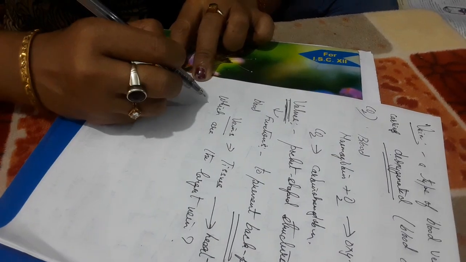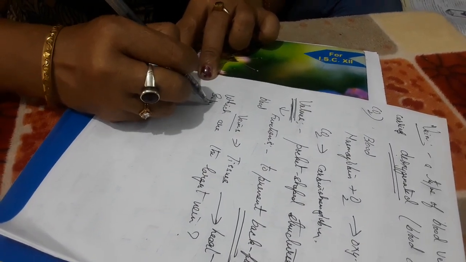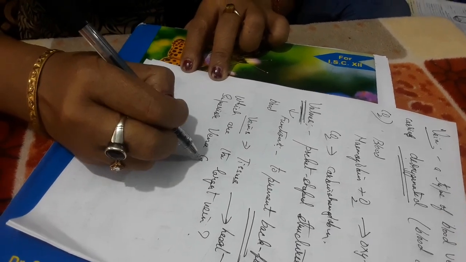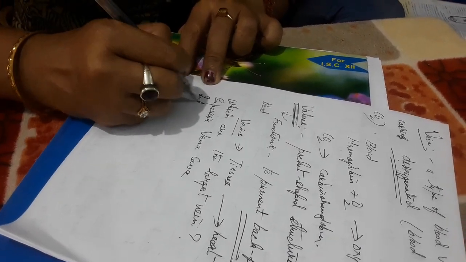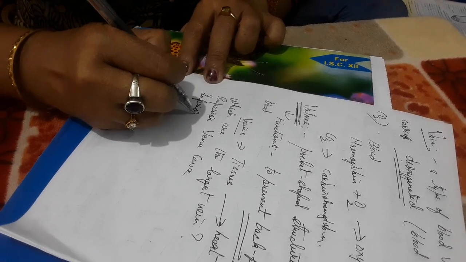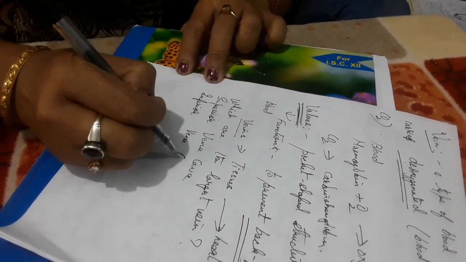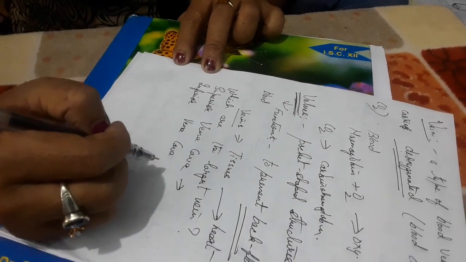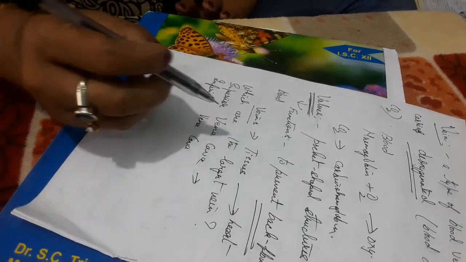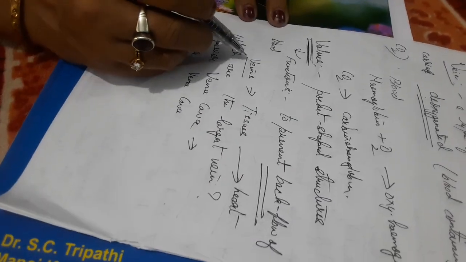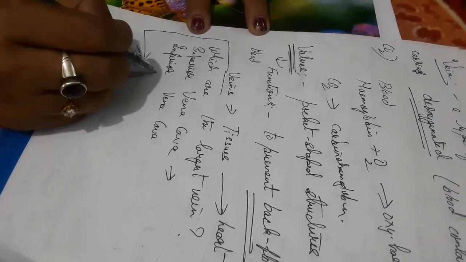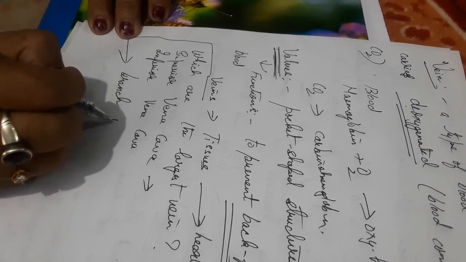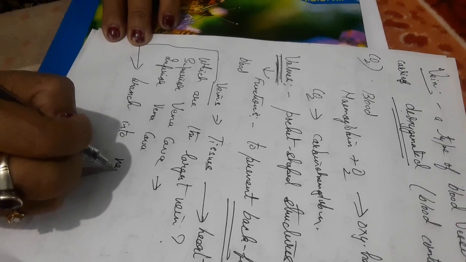They are called superior vena cava and inferior vena cava, also known as anterior vein and posterior vein. The veins branch into fine structures called venules.